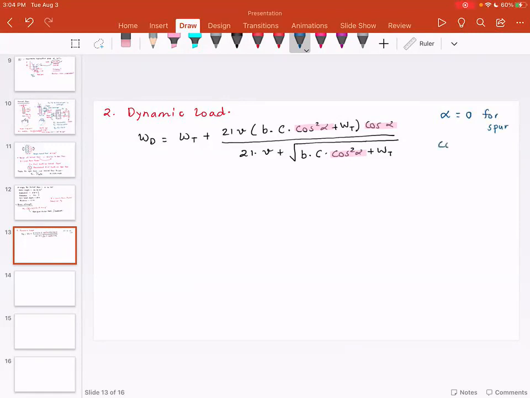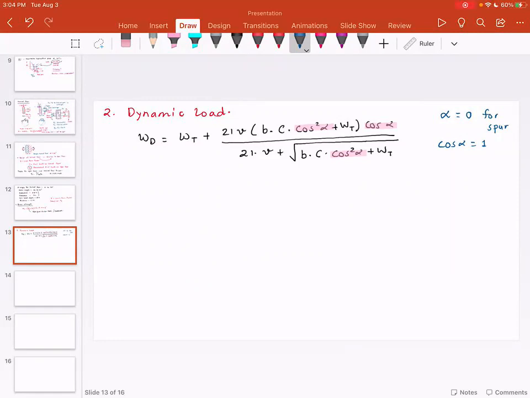So which means cosine alpha is going to be 1. So it is the same equation. The only thing in the case of helical gear, since alpha is non-zero, we have to take into account the effect of cosine alpha and cosine square alpha.